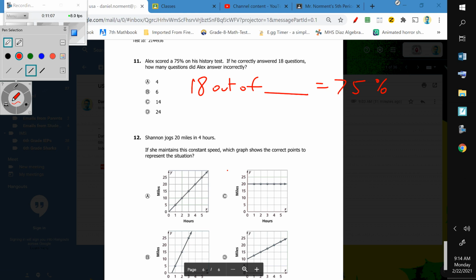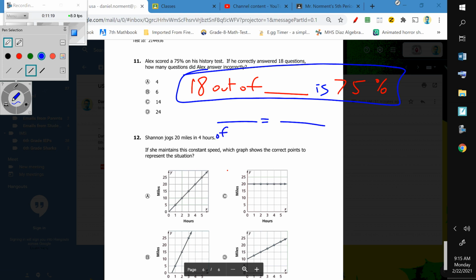For me, on a test, this would be my question, and then you say, oh, I just need to find the of. So remember, when you set up a proportion, the of goes here. The percent, this is how you set up a proportion. I don't know my of, there's my x. 75 goes there, 18 goes there. I just solved that. So, class, just solve that.